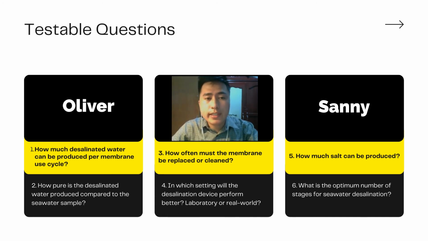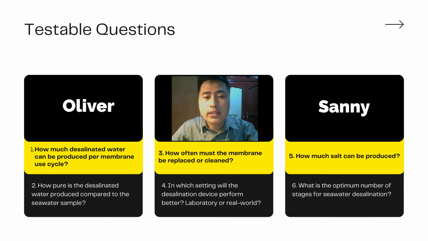So the fourth question is, in which setting will the desalination device perform better? In the laboratory or in the real world? The target objective of this question is the effectivity of the device as to whether the device would work only in the laboratory or only in the real world, or for both case scenarios.